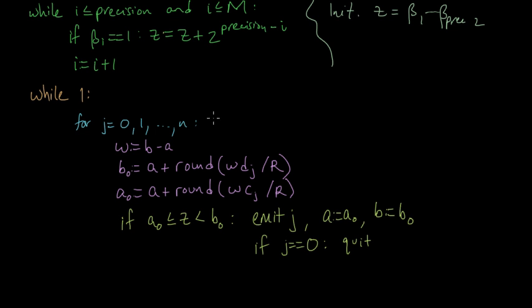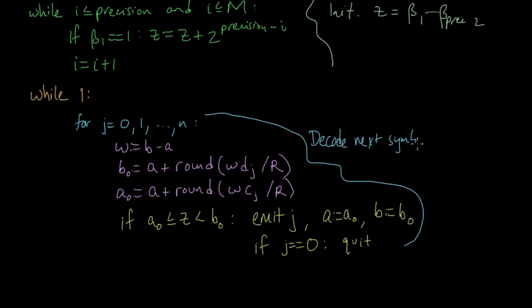All right, so let me first indicate here. This section of code was decode next symbol and update A and B. Now the last part of the algorithm is those rescaling operations.